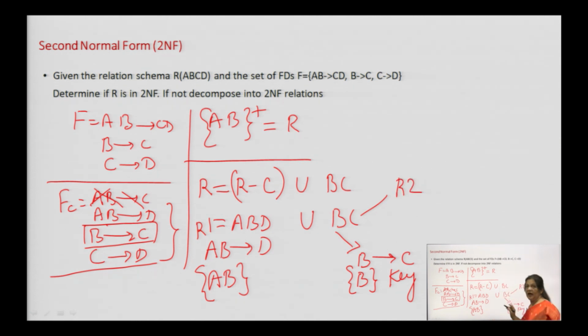Both R1 and R2 are in the second normal form because there are no partial functional dependencies.